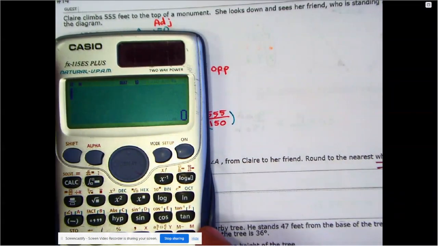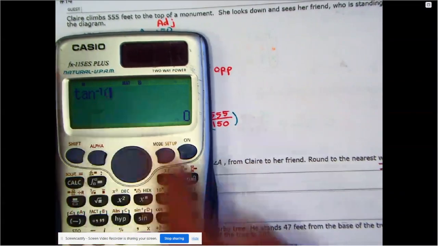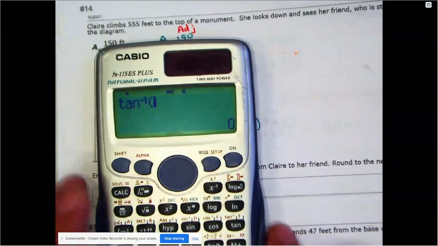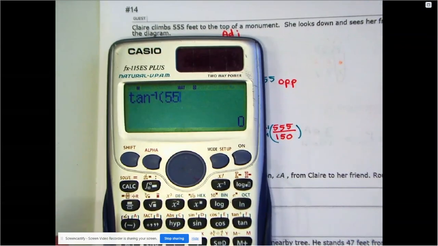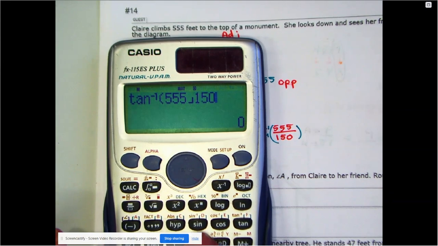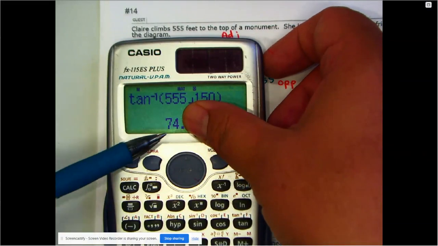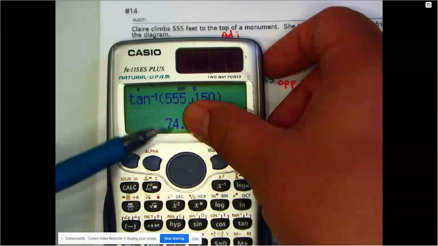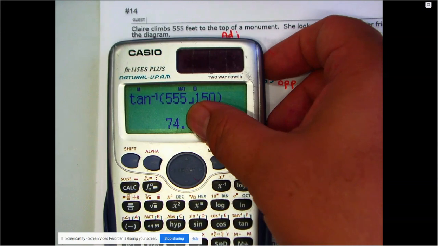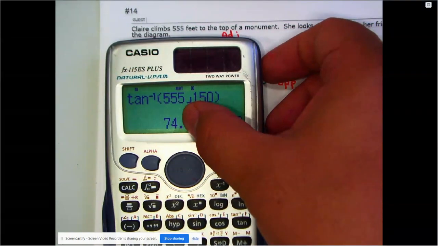So tangent inverse, there it is, with the little -1, of 555 divided by 150. That's why you got to use Desmos. And there it is. Now they said, give me a whole degree. So my answer is either 74 or the next number, 75. Well, let's see. There's an 8. Then yeah, I'm rolling this thing up to a 75.